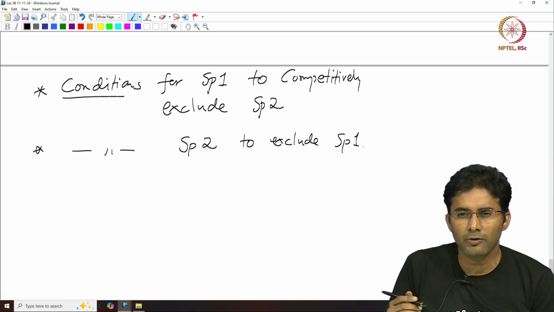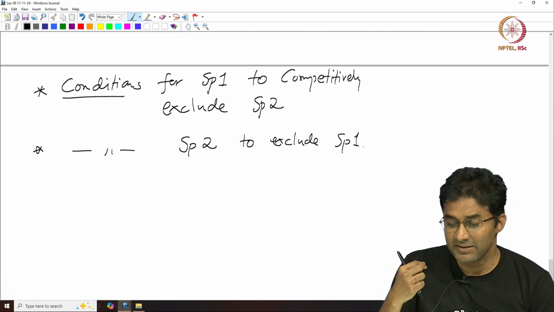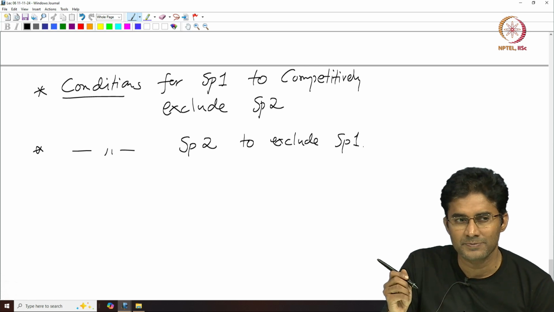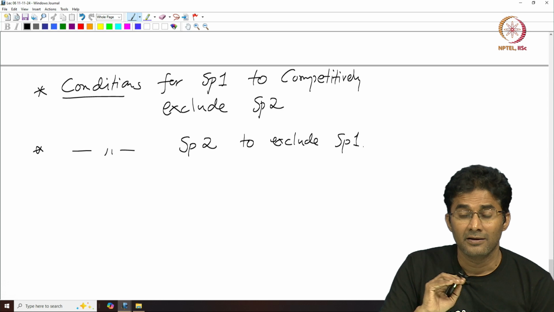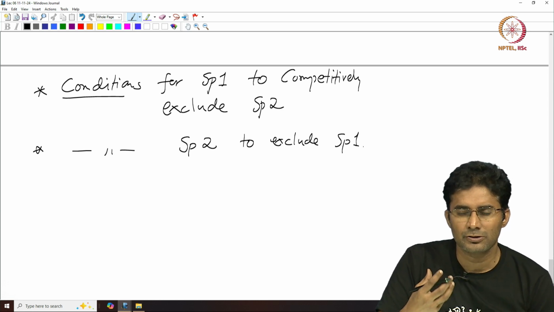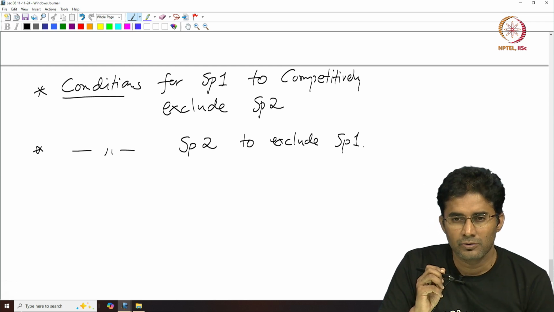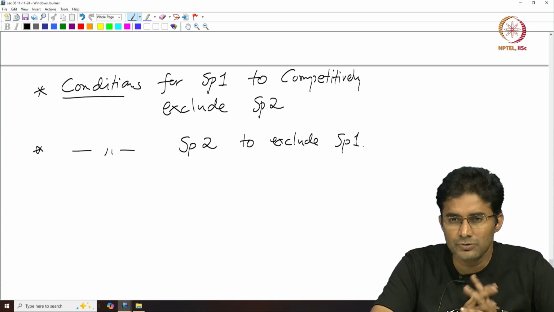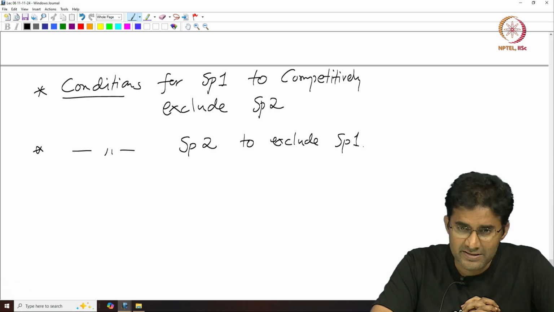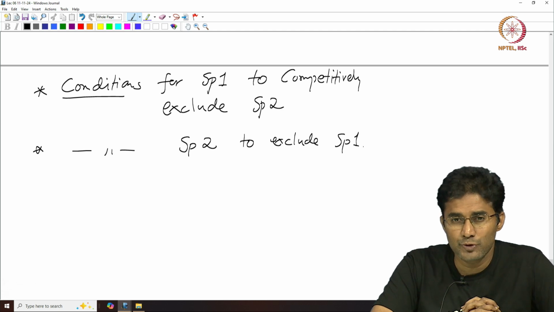It should not be too hard to go back and do the same analysis, but just invert the conditions. For species 2 to exclude species 1, start with the worst possible scenario for species 2, which would be that species 1 is at carrying capacity and species 2 is present in minuscule numbers, and then see if the invasibility succeeds. To do that, you have to check if the growth rate of species 2 is positive even when species 2 is present in really small numbers and species 1 is close to its carrying capacity.